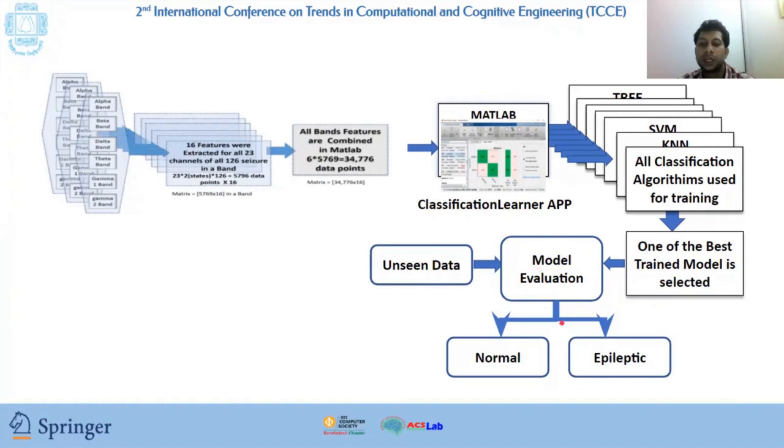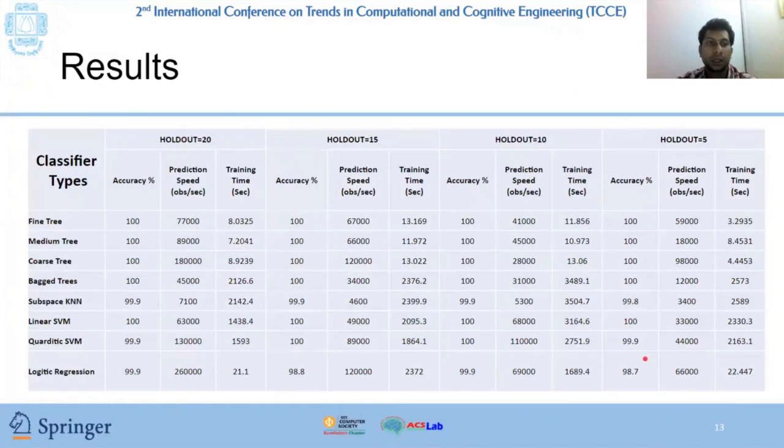And after that, we can predict both cases, normal and epileptic.